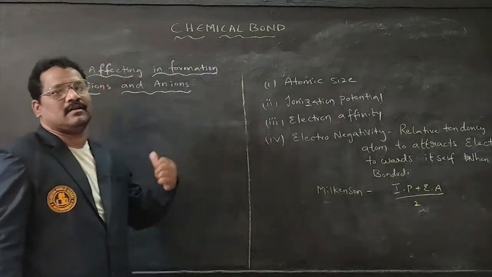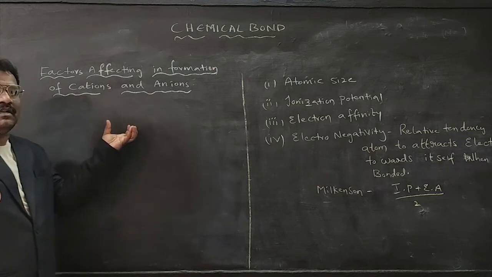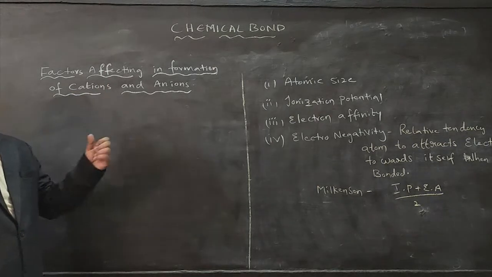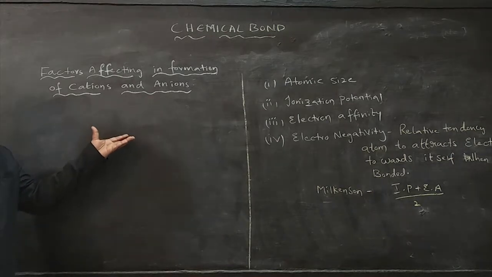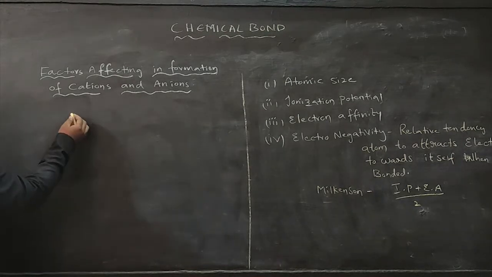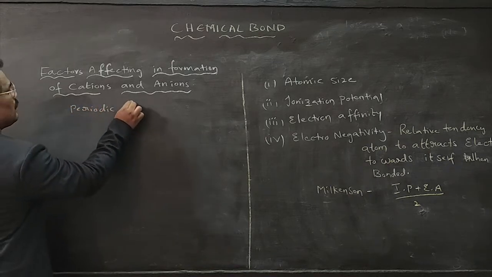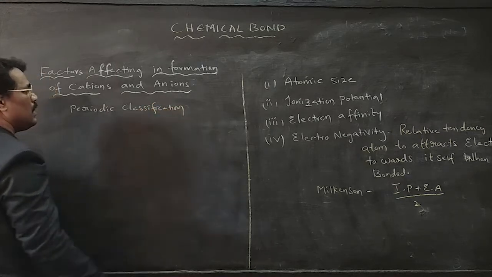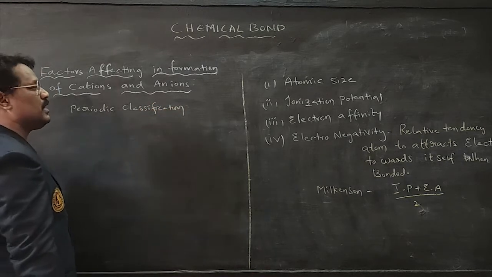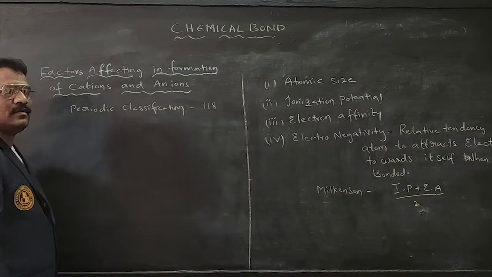Before going to the particular factors, let me explain a few concepts regarding this point. To form an ionic bond, what plays a role? We have already seen in periodic classification that we have 118 elements.